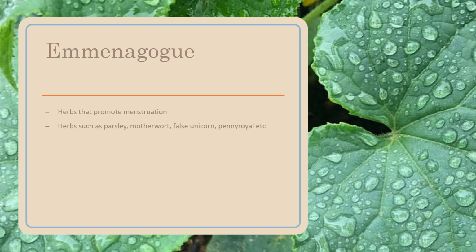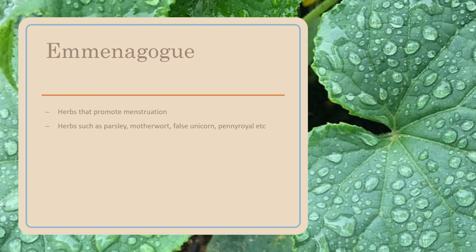You don't want to exceed the recommended dosages for these emmenagogues. With all herbs, especially herbs that promote bleeding, you definitely want to use caution, make sure you are using the proper dosage, and monitor it.